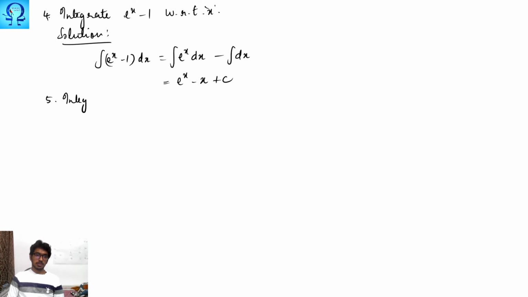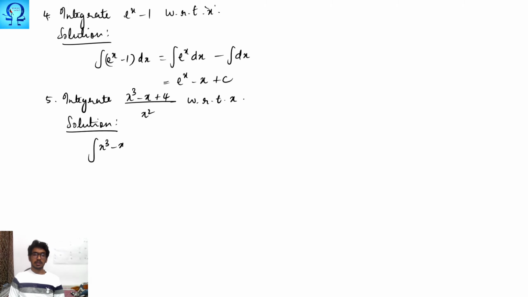And the next problem is integrate (x^3 - x + 4) upon x^2 with respect to x. So we are asked to find integral (x^3 - x + 4) upon x^2 dx.